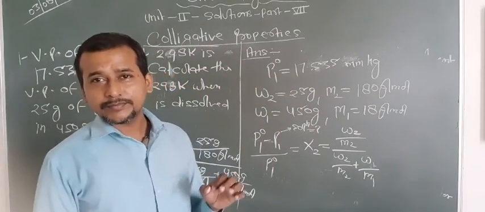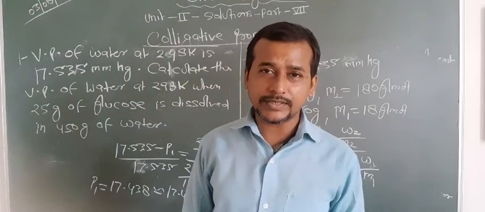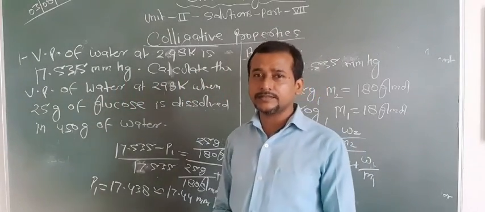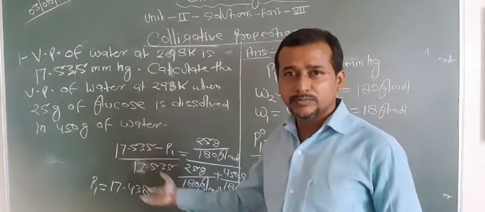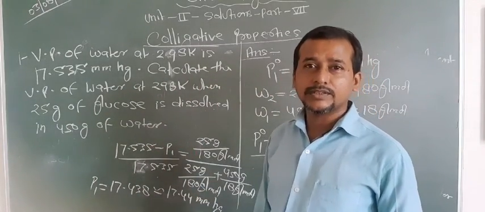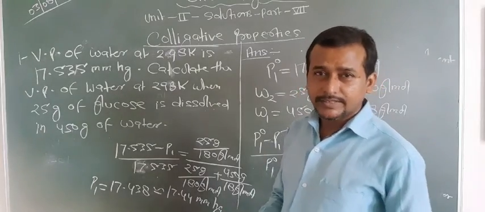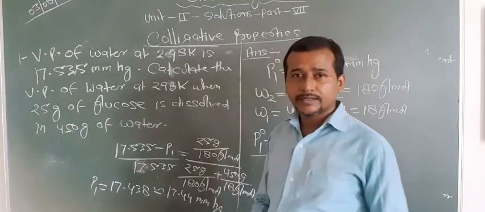As you know, practice makes a man perfect, so you have to practice nearly 10 to 15 questions related to relative lowering of vapor pressure, so that you can gain confidence.